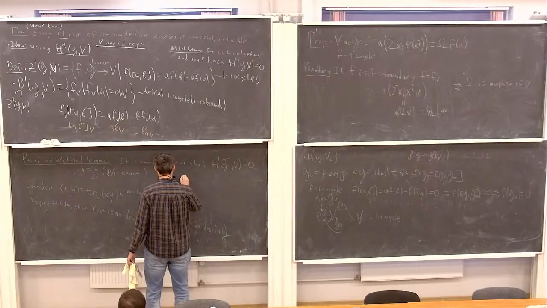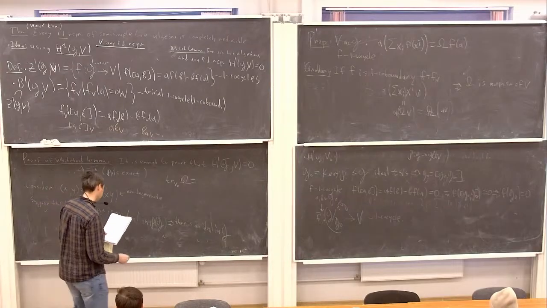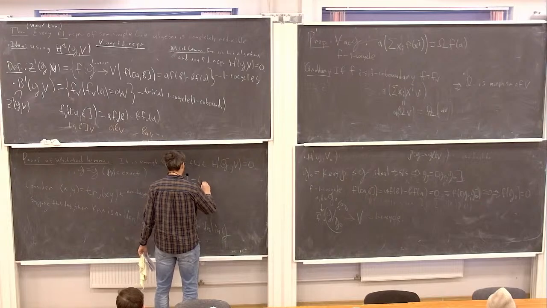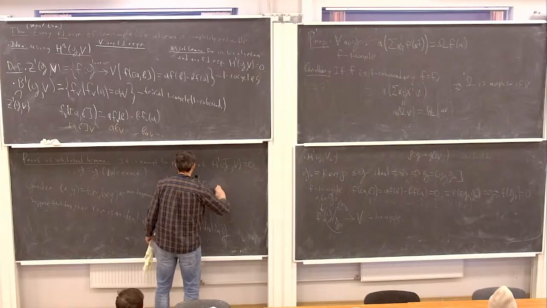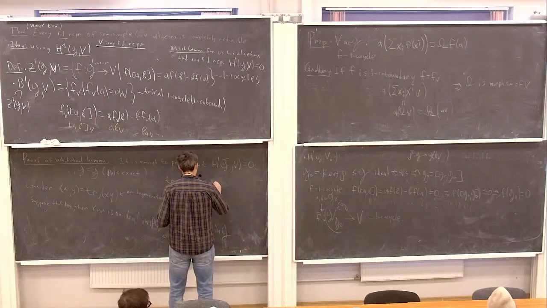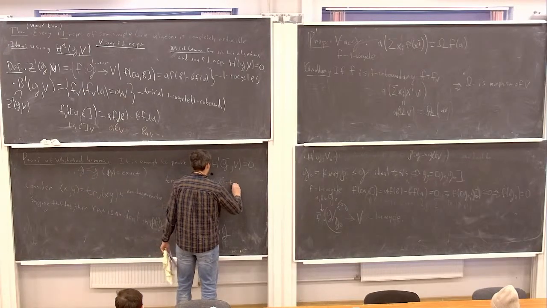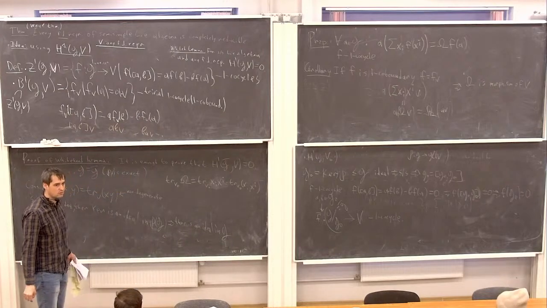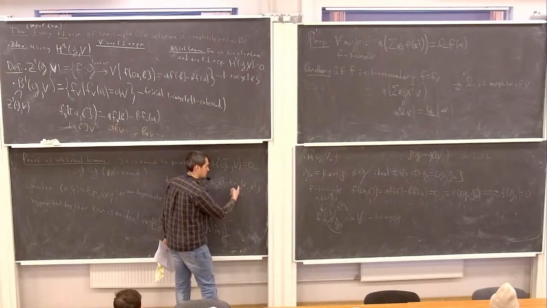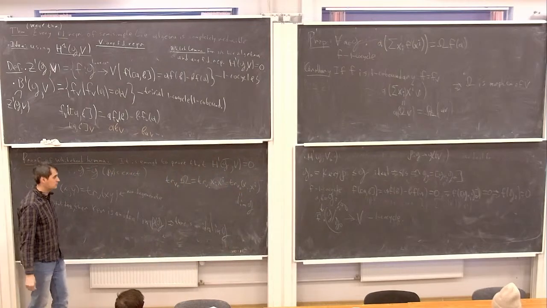It is just the trace on V0 of xi, without rho for simplicity, and this is equal to the dimension of G. So it's 1, 1, 1, 1, 1. Okay?